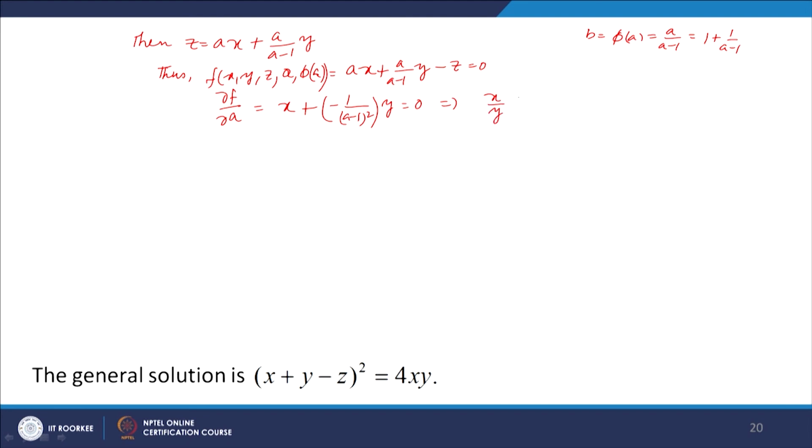X over y equal to 1 over a minus 1 whole square, or a minus 1 whole square equal to y over x. So, this gives you a equal to 1 plus minus square root y over x.